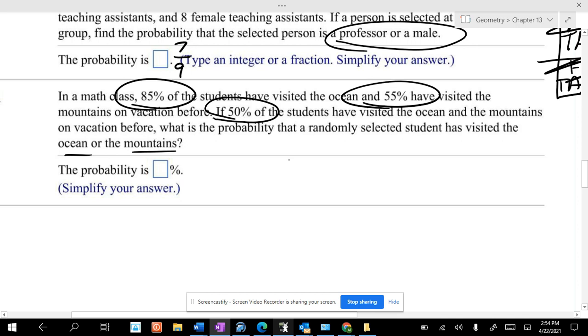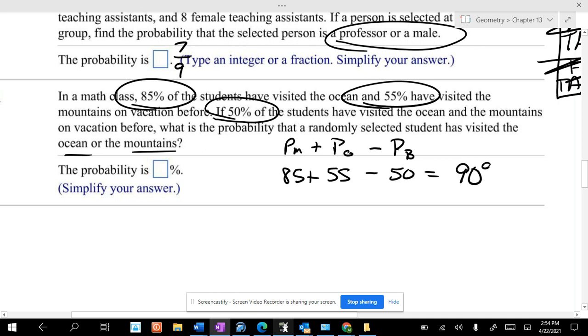Well, you take the ones that have been to the mountains plus the ones that have been to the ocean. What's 85 plus 55? Like 140, right? Can you have 140% of the students? No, because you count some of them twice. Minus the probability that they've been to both, minus 50. So 90% have either been to the mountains or the ocean.